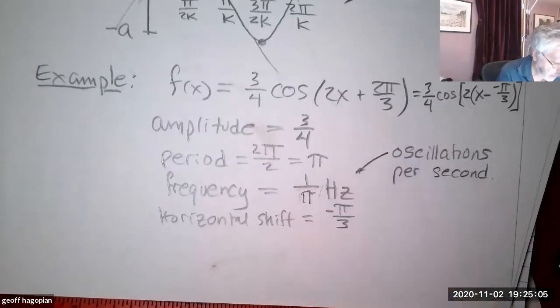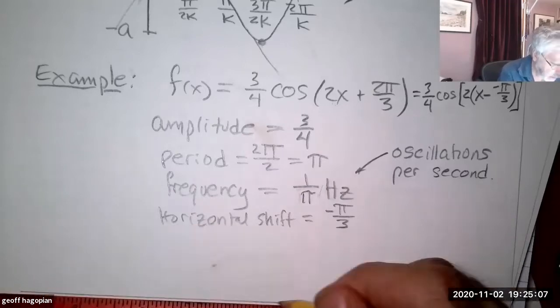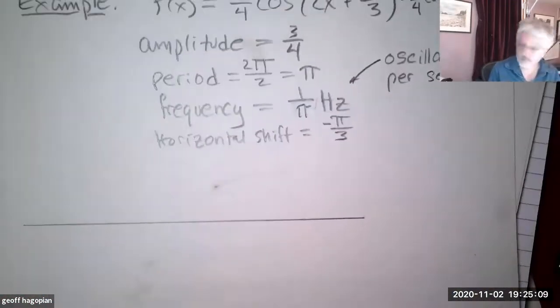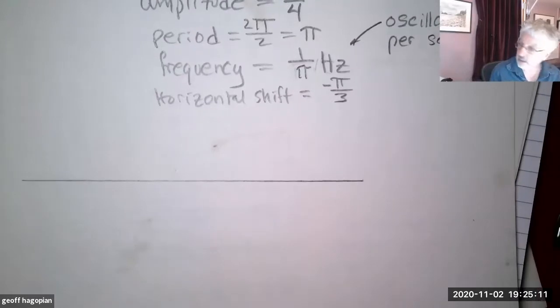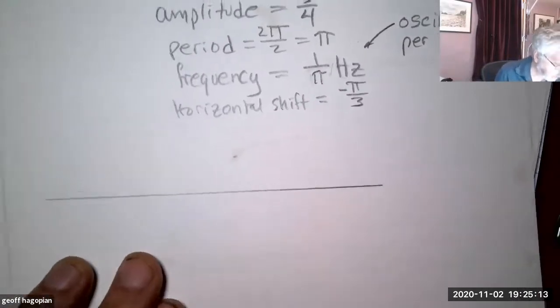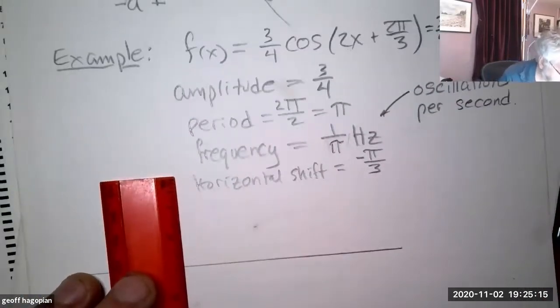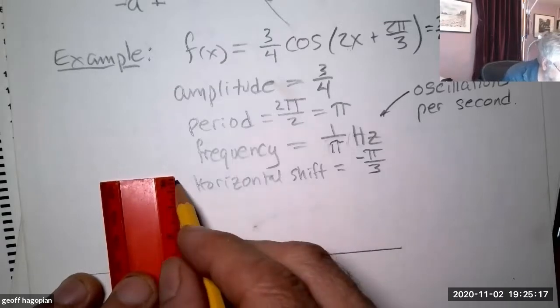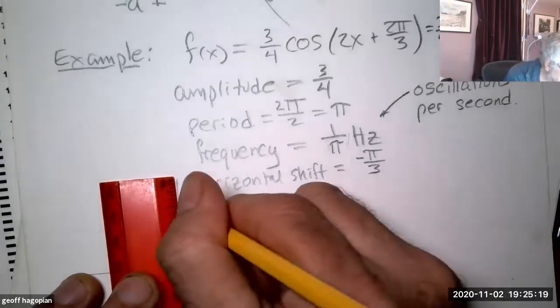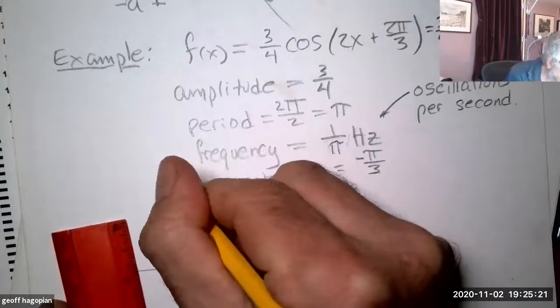Okay, so the line of equilibrium is going to be the x-axis here, and I'm going to leave a little room to the left because we're going to have a horizontal shift, right? And I'm going to say that this is 3/4 on the y-axis.